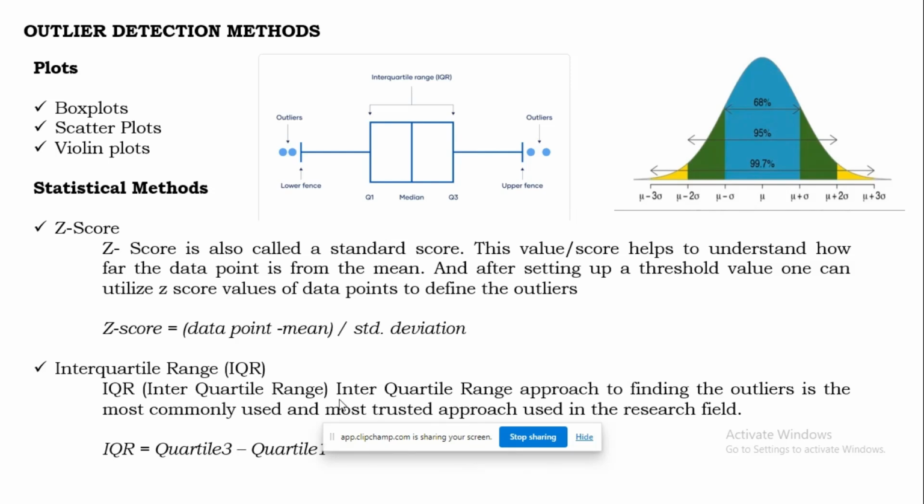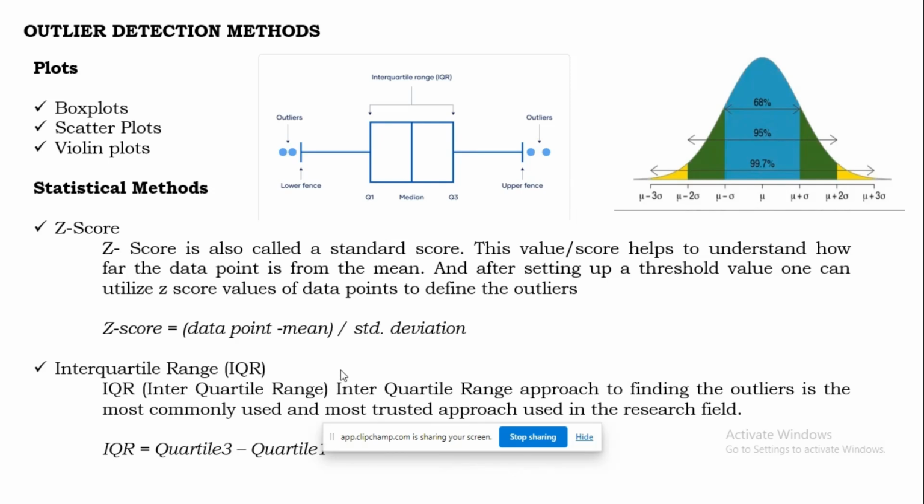This value helps us to understand how far the data point is from the main data point in the data set. And we can identify outliers using these methods by setting up a threshold value of the Z-score so that data points that are far apart from this threshold value are identified or isolated as outliers.